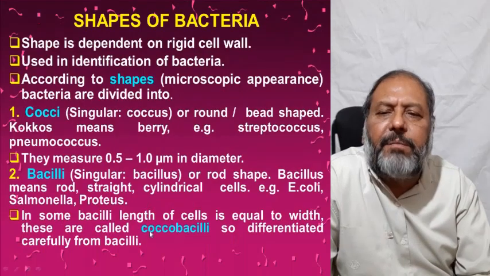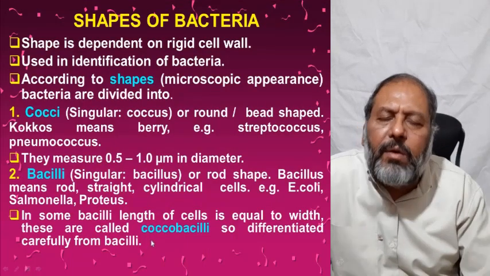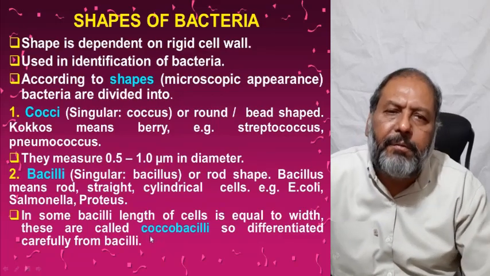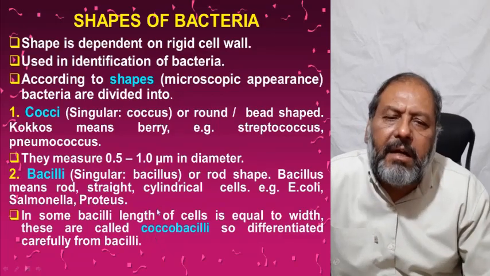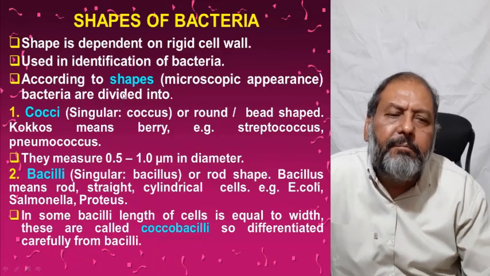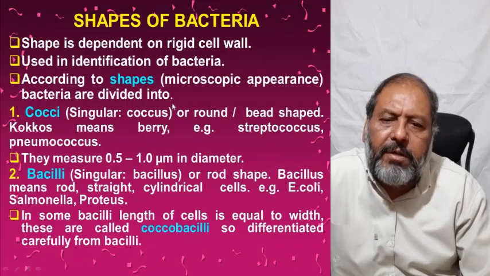Now the shape of the bacteria. This is dependent on the rigid cell wall. Whatever the shape of the cell wall, that is going to be the shape of the bacteria, used in the identification of the bacteria. According to the shapes and microscopic appearance, bacteria are divided into different shapes.